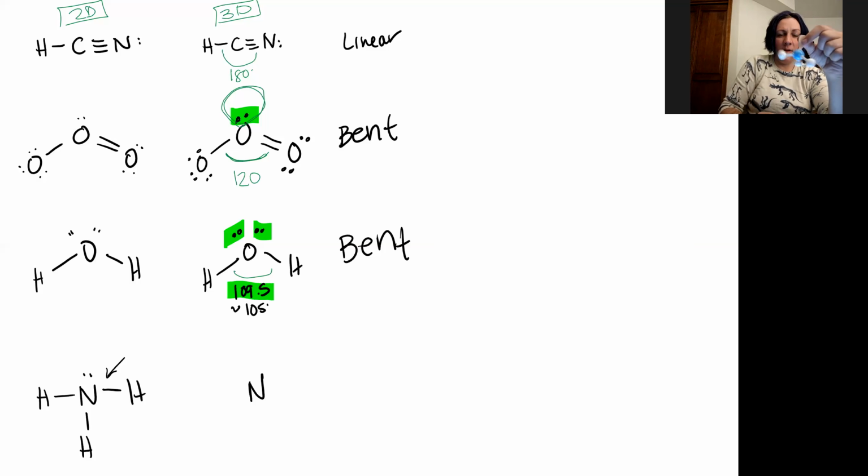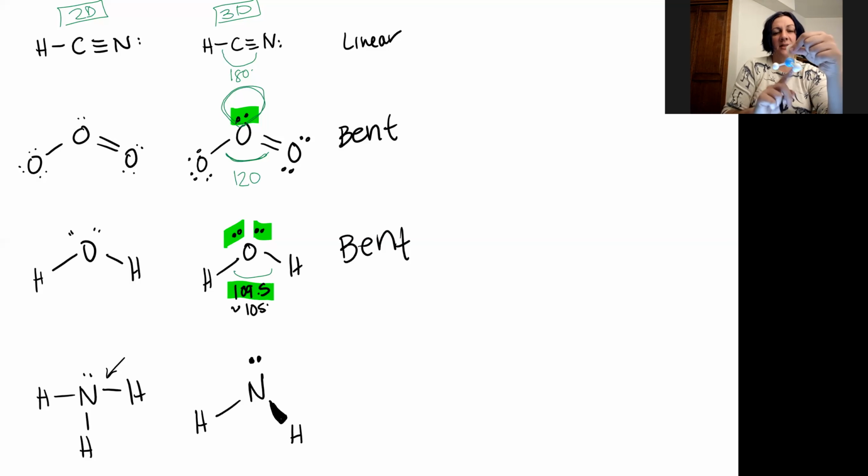But if I want to draw this in 3 dimensions, I've got to figure out a way that shows this hydrogen here coming out towards you, and this one back here going back towards me. I'm going to use wedges and dashes to do that. So I've got my lone pair here up at the top, and I've got one coming out. Then I'll have one that's going out towards you, and I'm going to use a solid wedge for that.